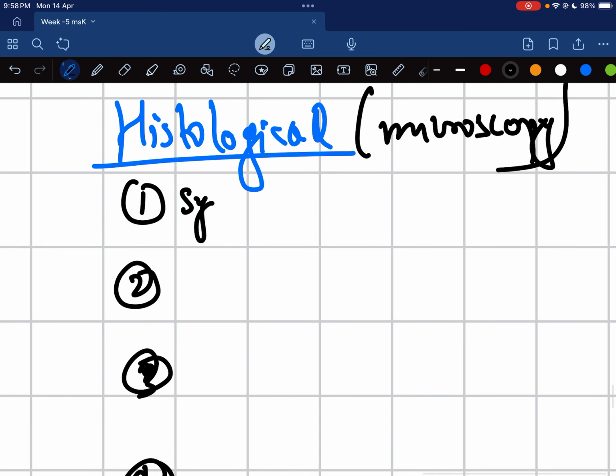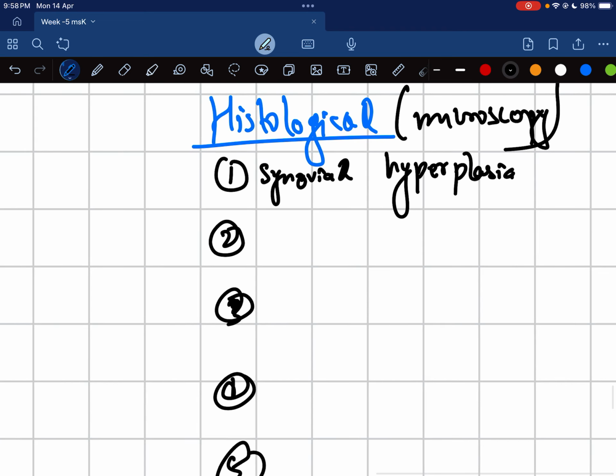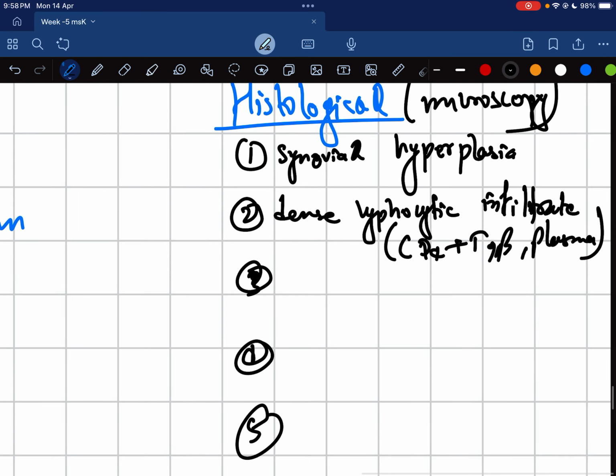First there is synovial hyperplasia, and then there is dense lymphocytic infiltration, of CD4 T cells, B cells, and plasma cells.